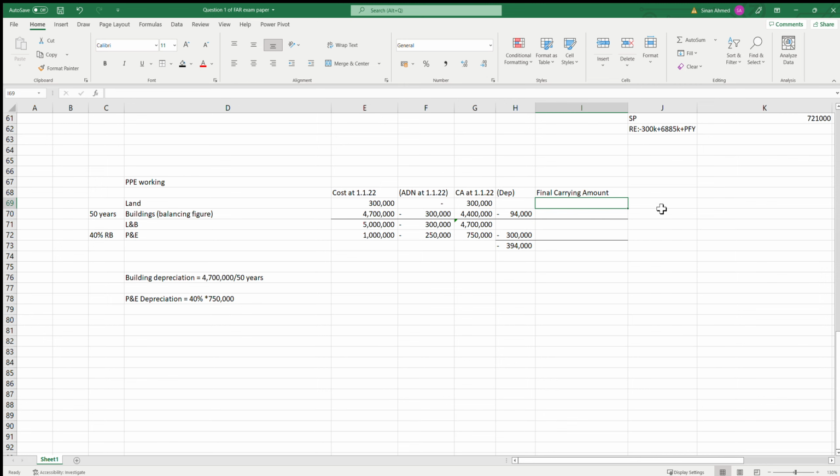So next we have to calculate our final carrying amount. So we're going to do sum. This is just going to equal that figure, and this is going to equal these two added together. And then we've got a final sum here.